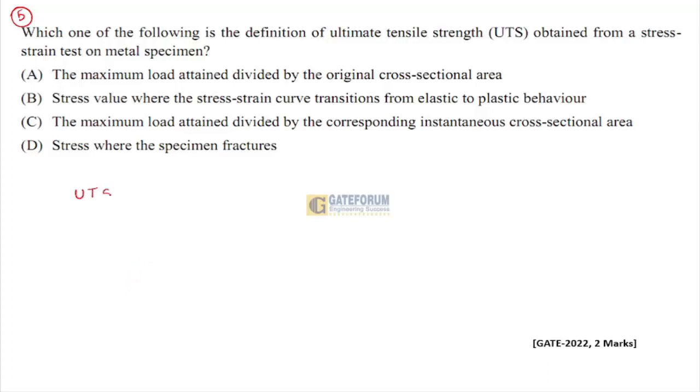Basically, ultimate tensile strength is the maximum force divided by the original area. The stress calculated immediately before fracture or failure is called the fracture stress. So obviously, the maximum load attained divided by the original cross-sectional area, option A, will be the right answer for the given question.